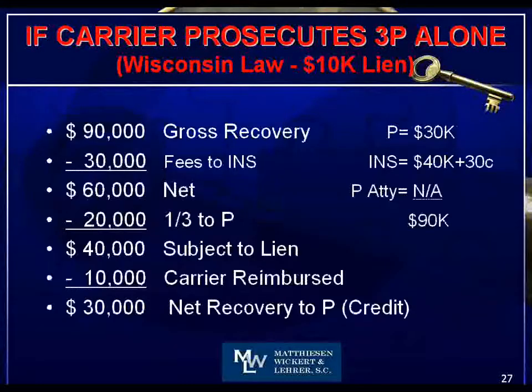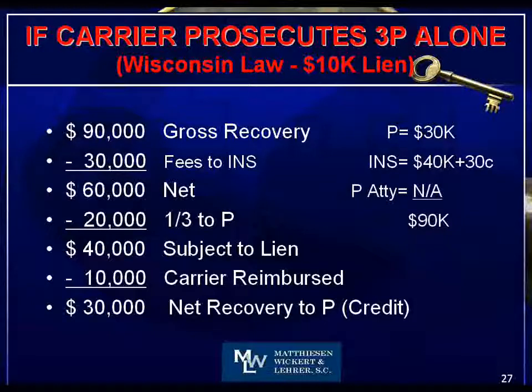If the carrier prosecutes the third-party action alone under Wisconsin law, we see that the $90,000 recovery is reduced by fees to the insurance company, and that net recovery of $60,000 is reduced by the formula, 1/3 to the plaintiff, which does not constitute a credit. That's free and clear. So he has a hurdle now.